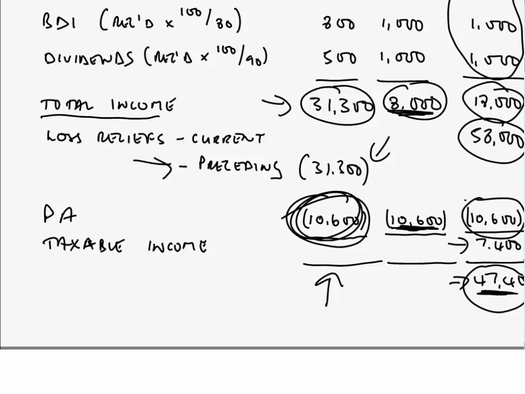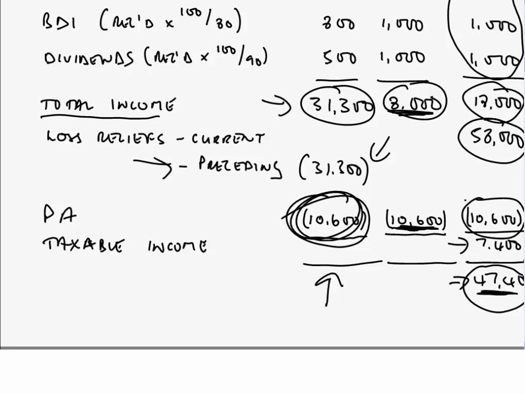So by carrying forward the loss, you are losing out on the tax repayment. So in cash flow terms, the carry forward is not as good. You are reducing next year's tax that will not be payable until sometime after next year, rather than getting an immediate repayment of the previous year's tax. There'll be no repayment.